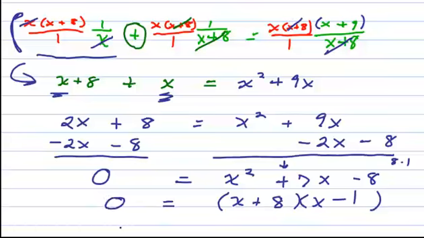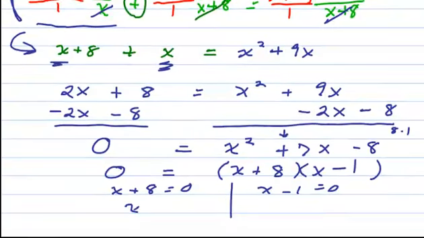And now we're ready to set each factor equal to 0, so x plus 8 equals 0, and x minus 1 equals 0. Make certain you do solve and you don't stop there. Subtracting 8 from both sides, we get x equals negative 8. And adding 1 to both sides, we get x equals 1.